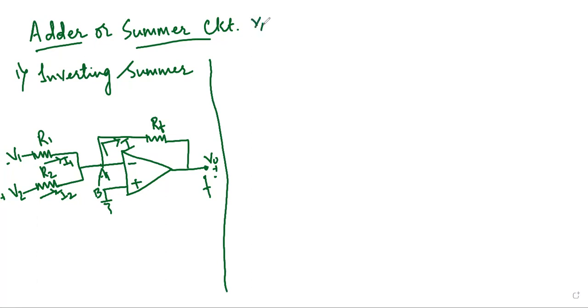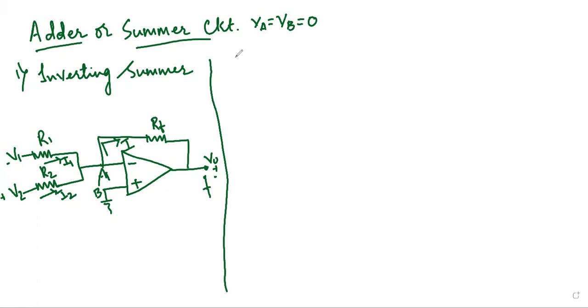So therefore, VA will be equal to VB equal to 0. This is due to the virtual ground concept. Now, to arrive at the final equation, we need to write down the equation for the currents which are flowing through the respective resistances.